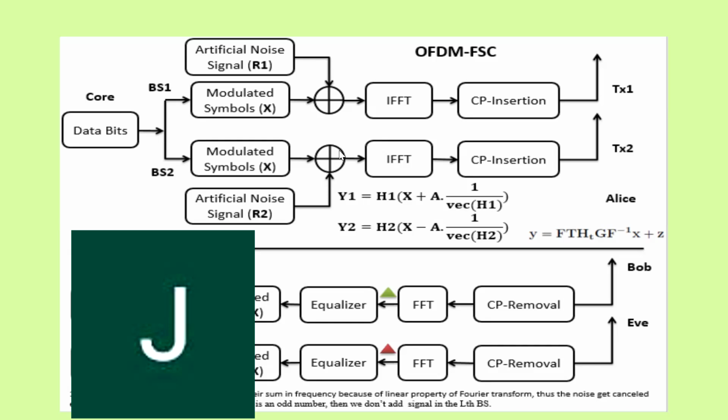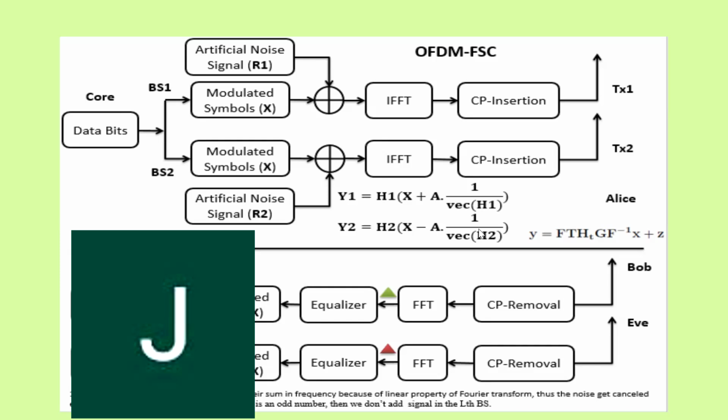And then for this branch, we also add artificial noise signal R2, which is basically also a random signal A, but divided by the channel between transmit antenna 2 and Bob, which is H2. And this is a diagonal matrix in the frequency domain.